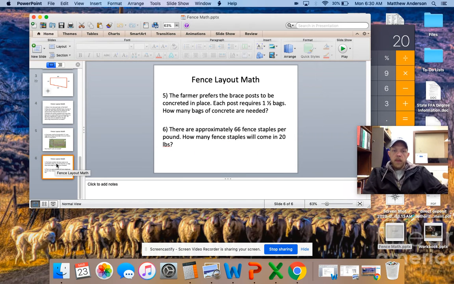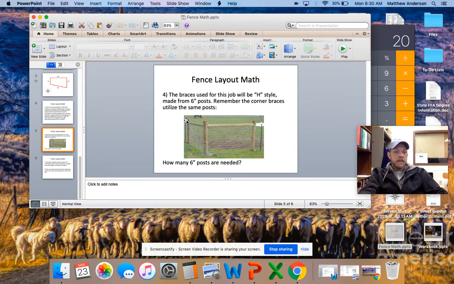Number 5, the farmer prefers the brace post to be concreted in place, which is standard practice for a lot of field fence. Concreting posts is going to require that we are hand digging them or we're using a post auger to dig those holes. Each post requires a bag and a half. How many bags of concrete are needed? Now, each brace has 5 posts, but 2 of those posts aren't concreted, right?